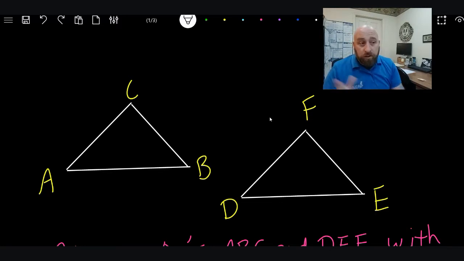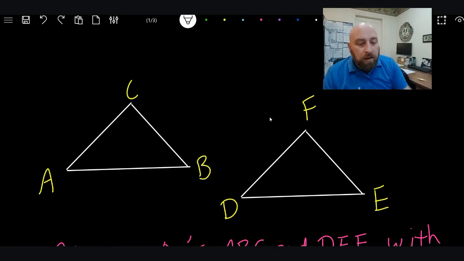Now, we learned just the other day that we can't really trust our eyes. We can't say, oh, I think those are congruent, they look congruent, yes, those are congruent. That's not going to work. We have to use deductive reasoning to prove that they're congruent. So we have to say this, and then say this, and then therefore they are congruent. That's where we're going with this.